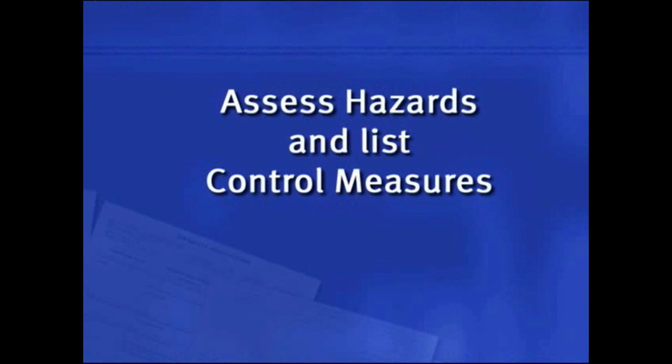Again, it is important that the hazards associated with each step are considered in turn. Once this part of the process is complete, then the third stage requires that each of the identified hazards is assessed and appropriate control measures are then listed down.